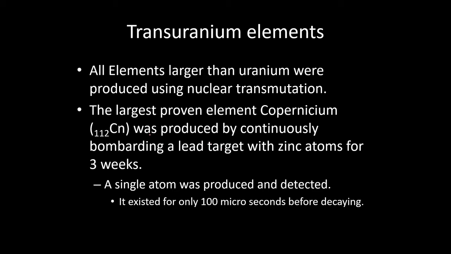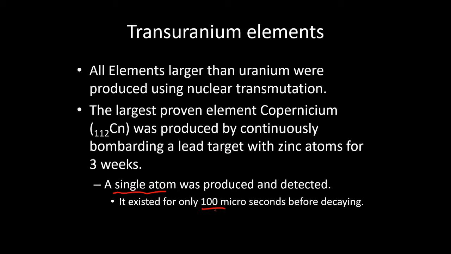But regardless, copernicium, the one that was the largest for a while, was produced by continuously bombarding a piece of lead with zinc atoms for 3 weeks, and they made a single atom that was detected for 100 microseconds. That's 1,000th of a second.